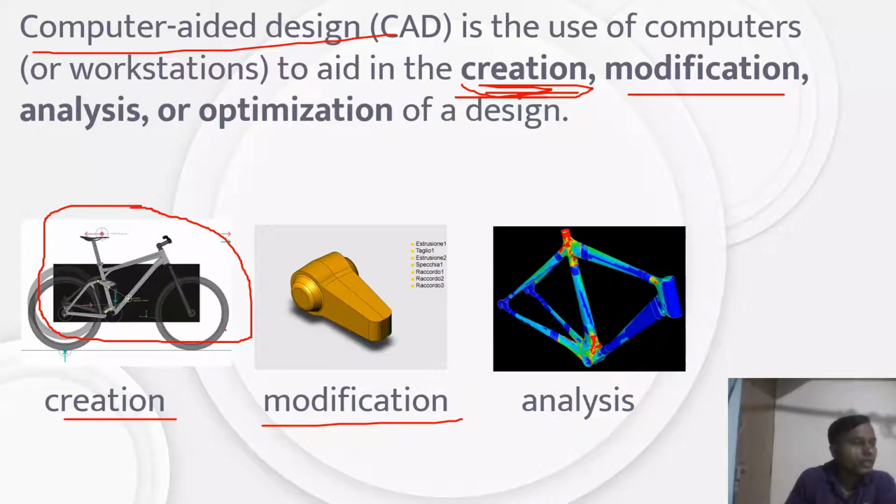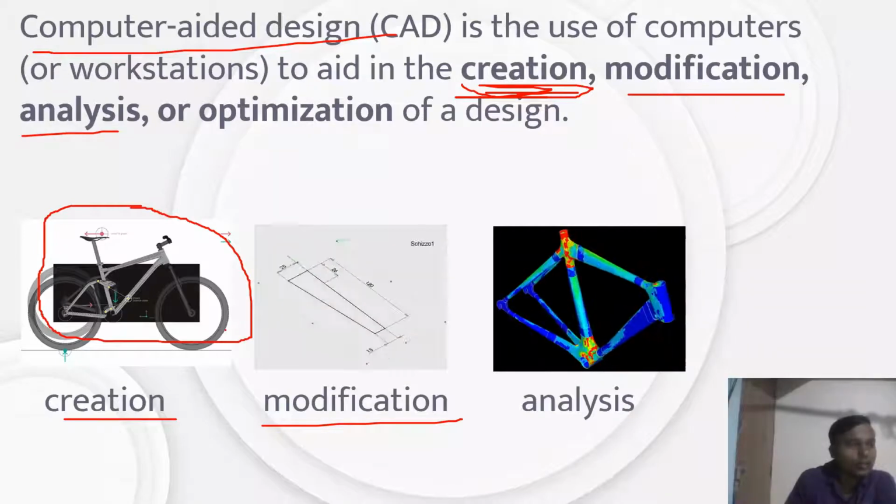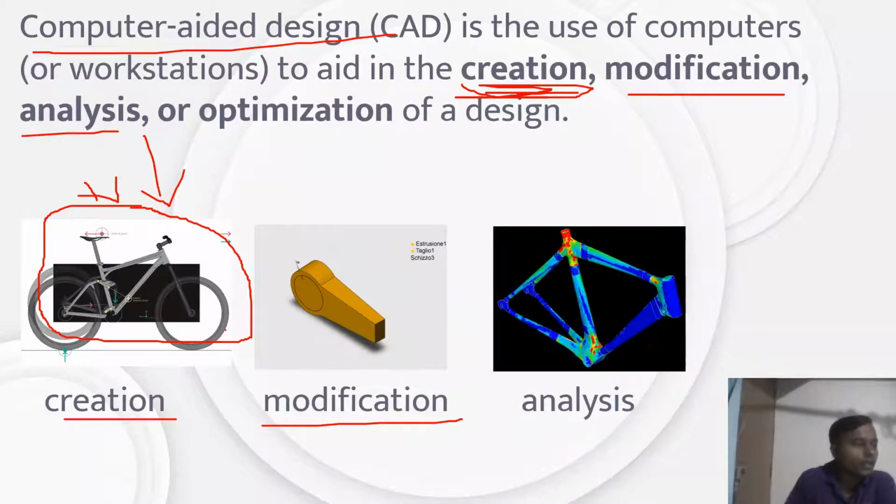I told you that computer design is nothing but providing the solution, which means we have to analyze it. Analysis means there are a number of processes carried out in each component. We have to calculate what processes act on this body.